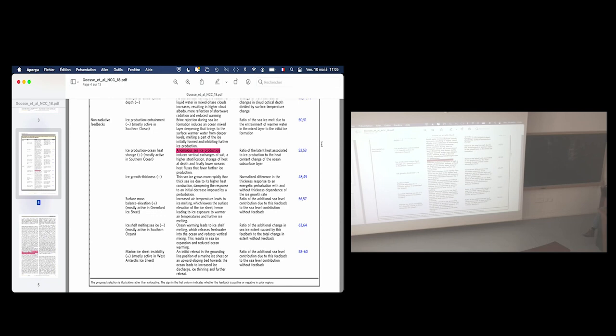It's over several years that if you produce more ice, then you tend to store more heat in the subsurface ocean. And I have a hard time to really nail down that one. I know Hugues is really into it, and he says it's important, but I'm not sure I fully grasped the whole thing.